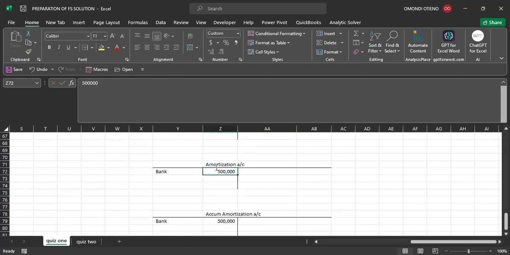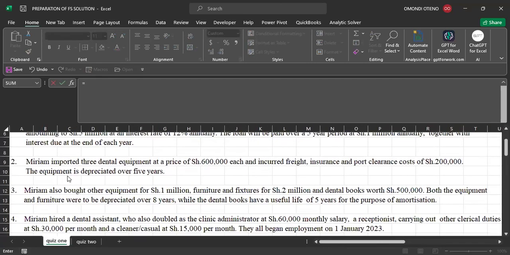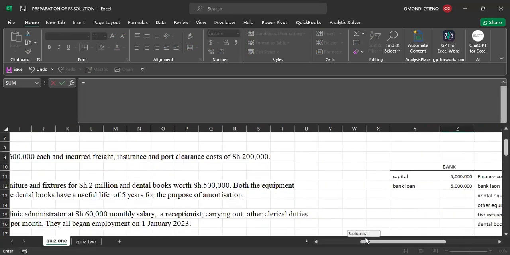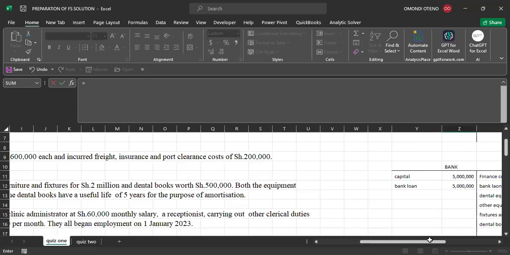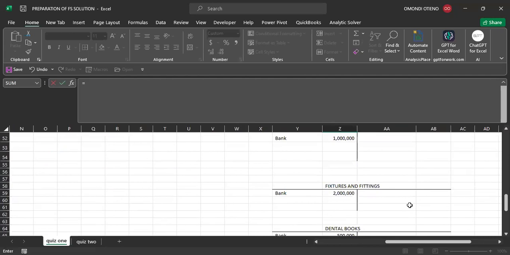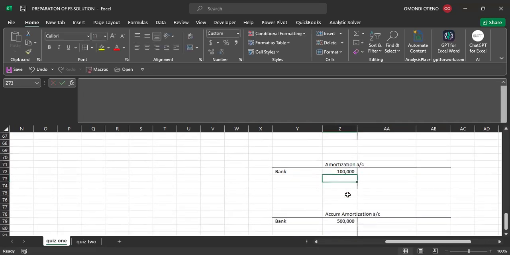So here, amortization, we are told it's supposed to take how many years for the dental books? Number 3. Yes. The dental books have a useful life of 5 years. So we take its cost and divide by 5 years to get the amortization for the current year.